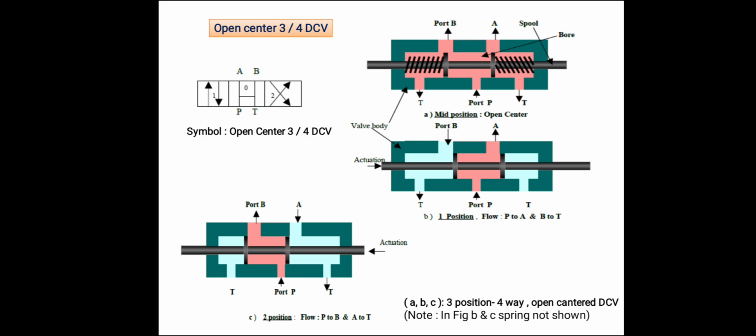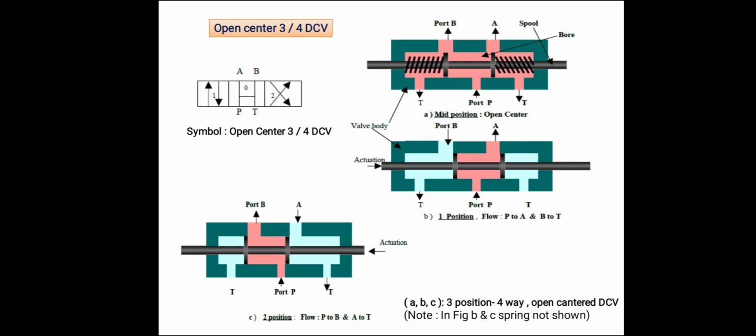The common varieties are open center, closed center, tandem center, floating center, and regenerating center, with open, closed, and tandem being the three basic types. The variety of center configurations provides greater flexibility for circuit design.